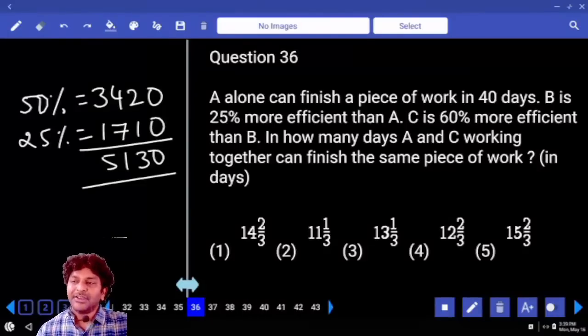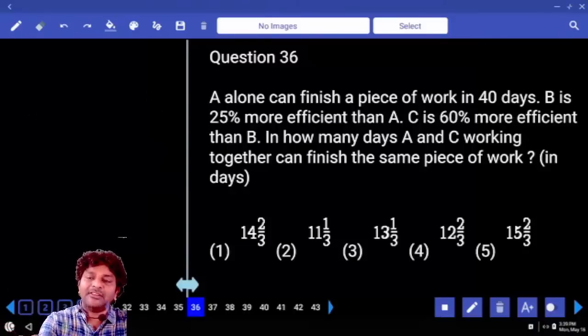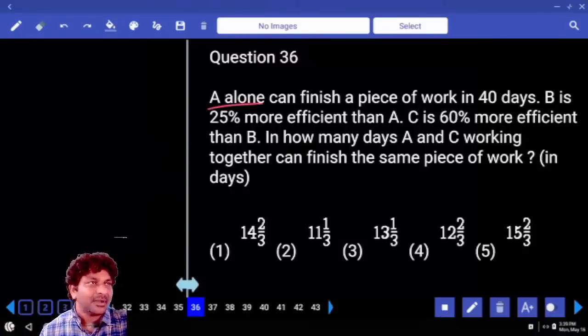A alone can finish a piece of work in 40 days. B is 25% more efficient than A. C is 60% more efficient than B. In how many days can A and C working together finish the same piece of work? Okay, right. So now we know entire information regarding A, because A alone can complete the work in 40 days.